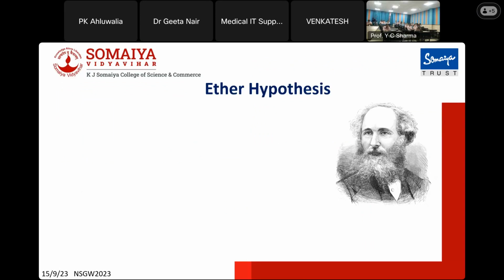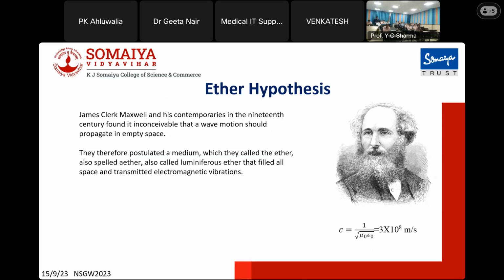Since it was inconceivable to imagine waves moving through empty space without a medium, people thought that there should be a medium that fills the entire space, and they called it ether or luminiferous ether. It was some medium which was invisible, but it filled all space and transmitted the electromagnetic vibration.